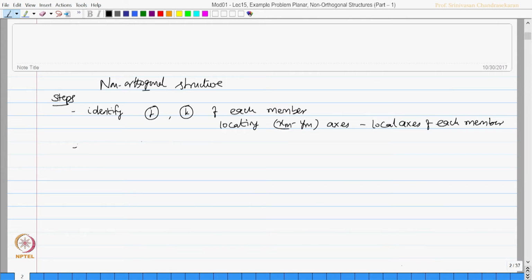After doing that, let us compute the Cx, Cy, which are called the transformation matrix coefficients of each member.